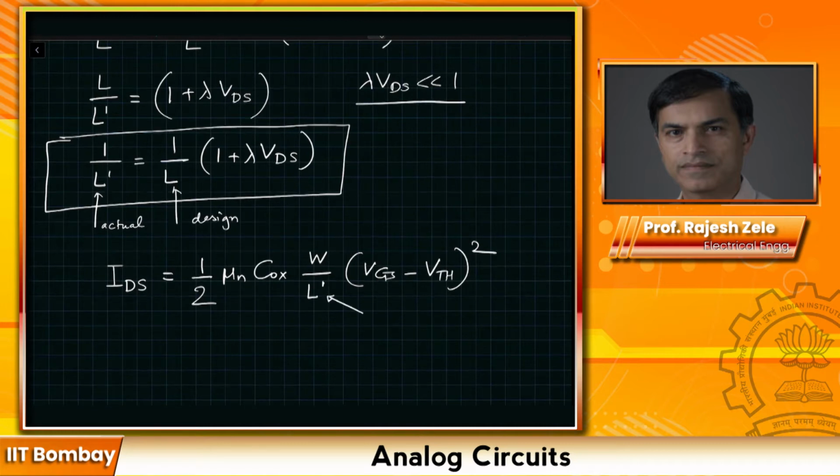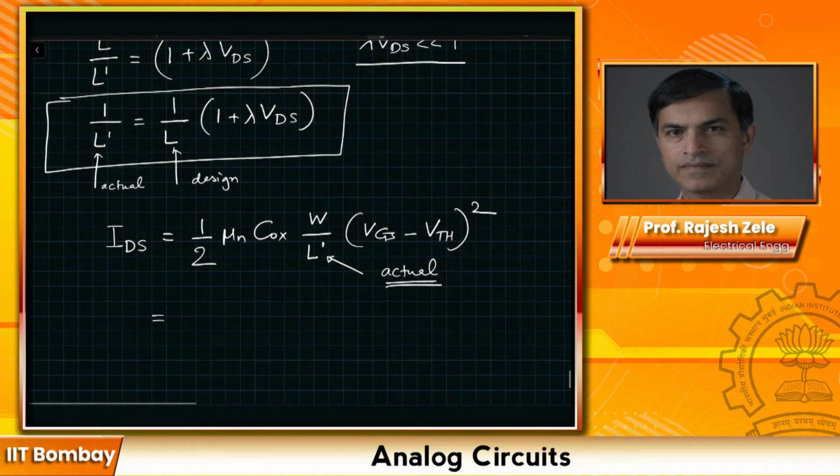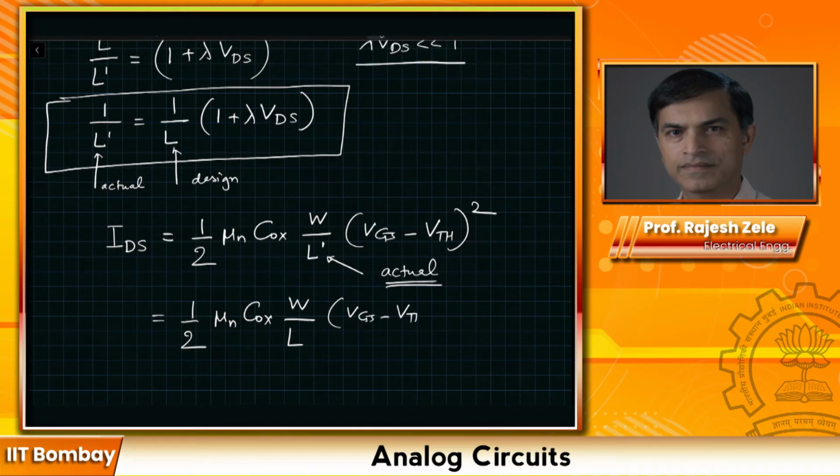In this case, L prime is the actual channel length. So we can rewrite this expression using this particular equation: half mu n Cox W divided by L, VGS minus VTH squared, multiplied by 1 plus lambda VDS. And lambda is called the channel length modulation coefficient.